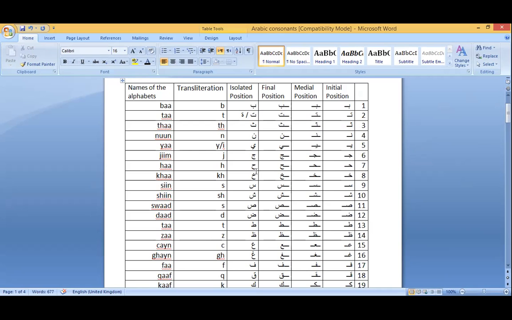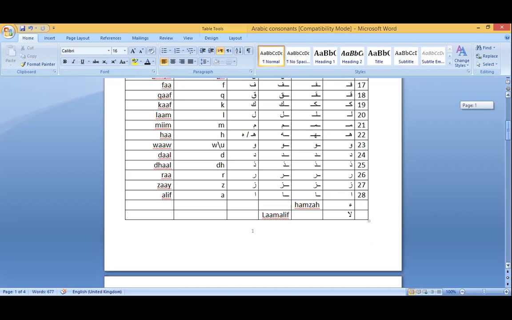The letters are the ones that make words. The letters joined together form words, words form sentences, and the rest. So we will dwell a bit on the letters, so that by next week, everybody is okay with the letters.